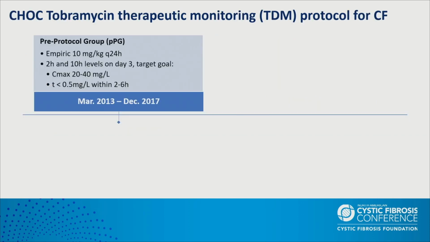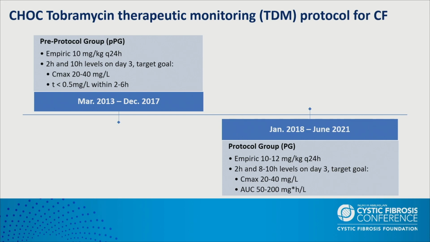So at CHOC, our tobramycin TDM protocol from 2013 to 2017 targeted a Cmax of 20 to 40 and a drug-free interval of 2 to 6 hours. And for the purpose of this presentation, I'll call this the pre-protocol group.